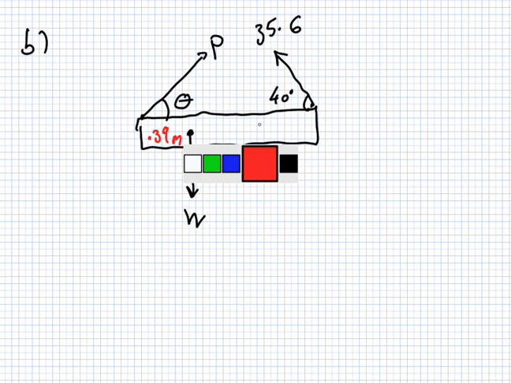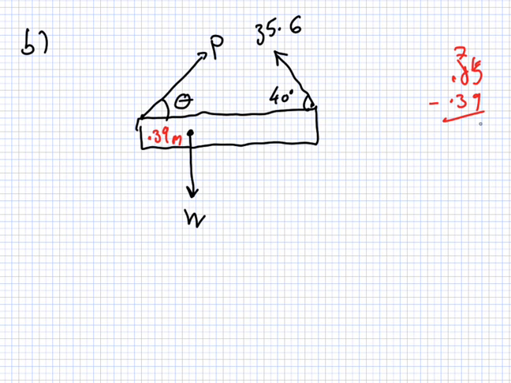And you also know the total distance. So 0.85 minus 0.39 is 0.46. So this distance here you know is 0.46 metres.